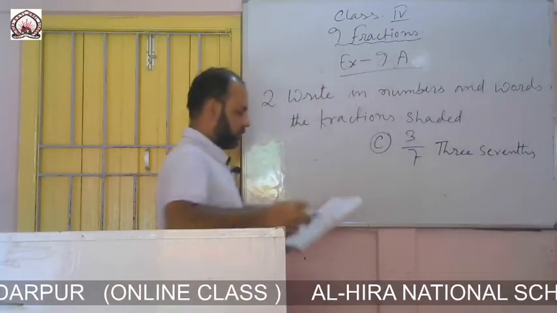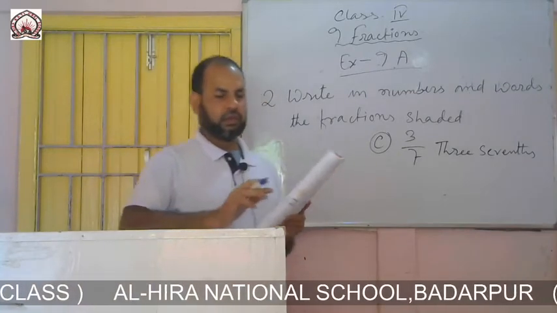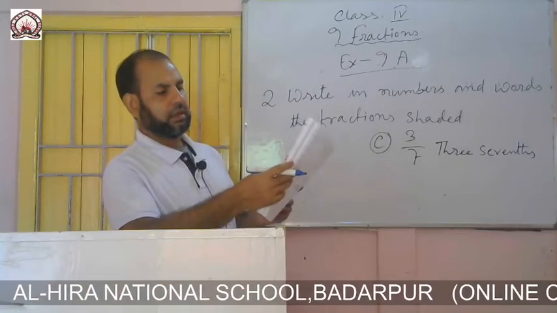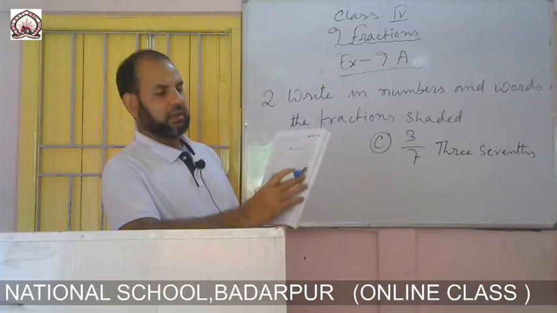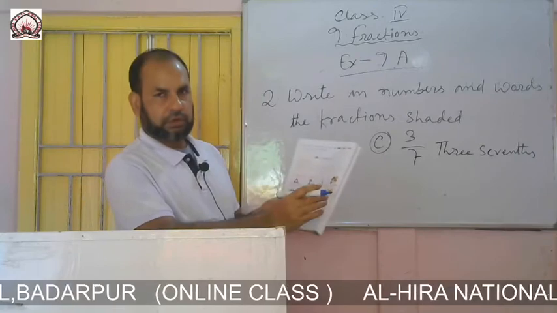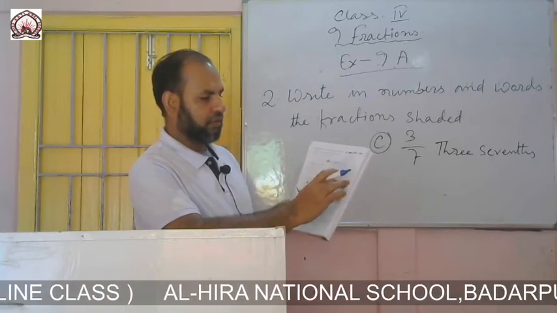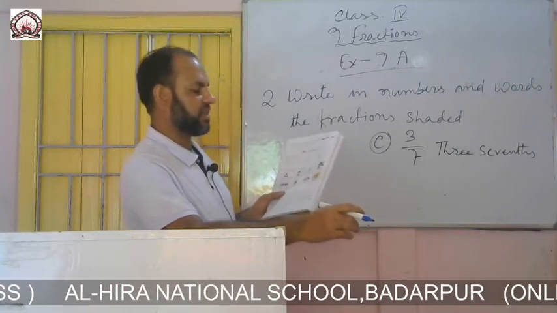Question number 2D. There, how many parts are there? You count in your book. 1, 2, 3, 4, 5, 6, 7, 8. 8 parts are there.